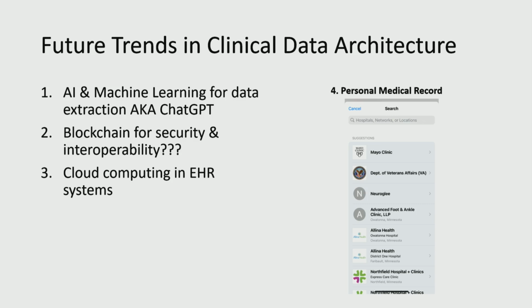Cloud computing in EHR systems: obviously everything these days is in the cloud. But from the user perspective, it doesn't matter whether it's data sitting in a closet in the basement of a hospital, or data sitting somewhere in an Amazon data center. It's the same databases, but kind of centralized and put in some environment.